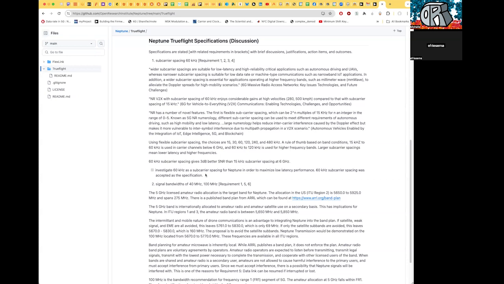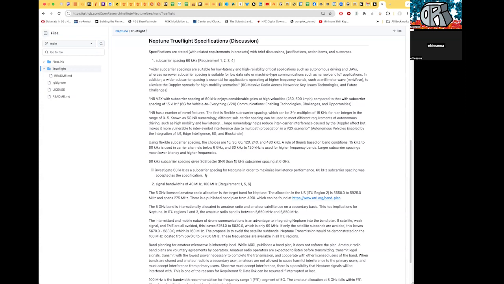We had a number of different numbers for FlexLink, and I accepted the FlexLink specification and then started working on it, and that's how I came to learn about OFDM, because I'd never had a chance to work on it with any seriousness before. Right. And one of the things that kept cropping up was that the subcarrier spacing of 15 kilohertz is very, very common.